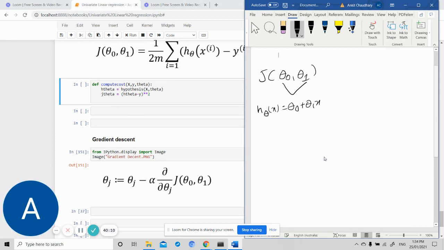That's why we are taking two variables, theta naught and theta 1. That is equal to 1 by 2m, sigma i equals 1 to m. m is our total rows, total records, and this is theta naught of x of i minus y of i, whole square. Okay, so right now we wrote the logic for this one.